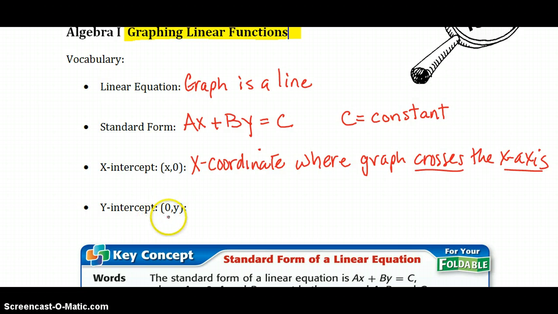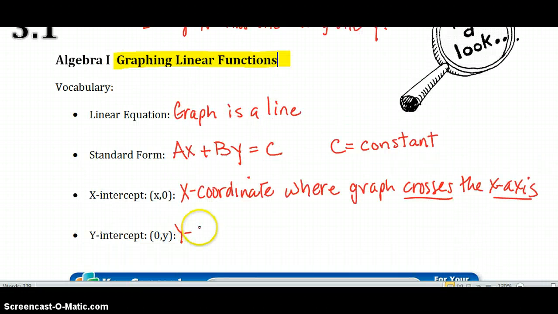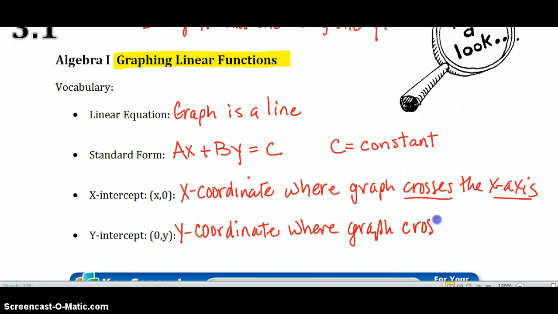Vice versa, the y-intercept is the y-coordinate where the graph catches or crosses the y-axis. So again, x-intercept is where it crosses the x-axis, y-intercept is where it crosses the y-axis.